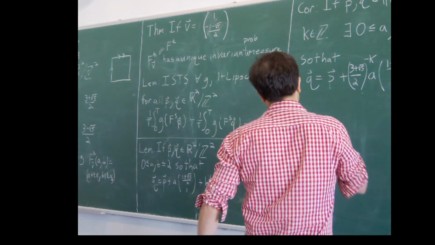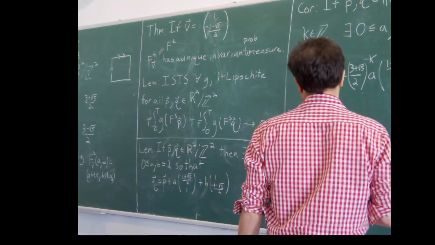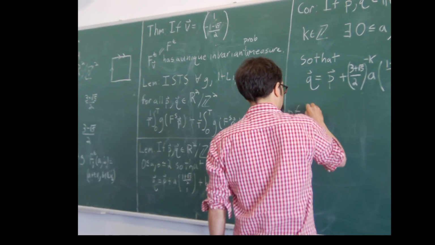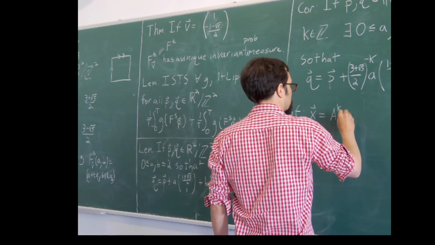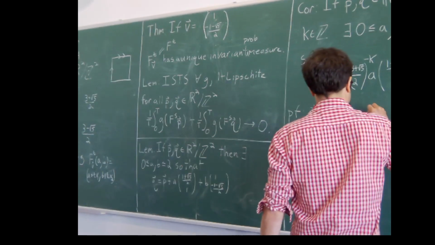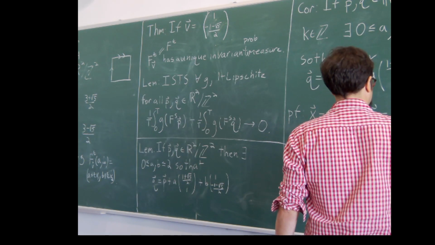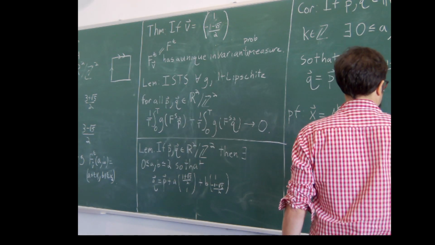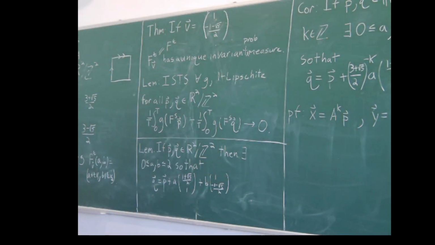All right, so how did the proof go? Okay, so let X be equal to A to the K of P, and Y be equal to A to the K of Q. Let me say how the proof is going to go first, and then I'll do out the detail because I think it's helpful to see it.